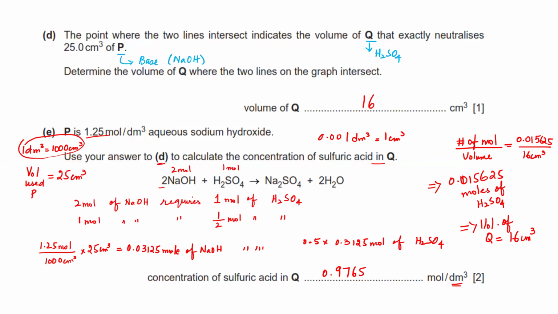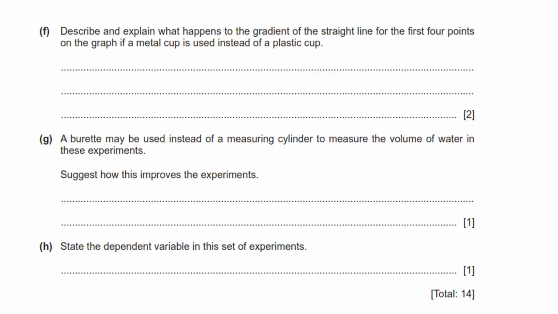So moving ahead, part F says describe and explain what happens to the gradient of the straight line for the first 4 points on the graph if a metal cup is used instead of a plastic cup. Remember, we are measuring the temperature here. Metal is a good absorber of heat. Metal will absorb some of the heat, and the temperature rise measured by the thermometer will be less than what we are getting. So the graph will have less slope.